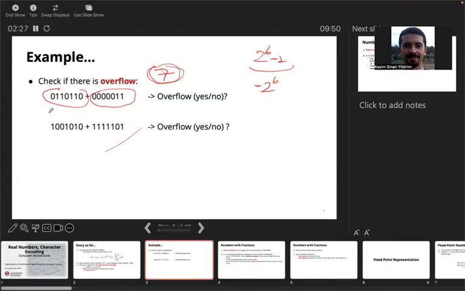If you add these two numbers, the sign bit does not change. The 7-bit number you obtain is also a positive number, which means the sign bit didn't flip and there is no overflow.